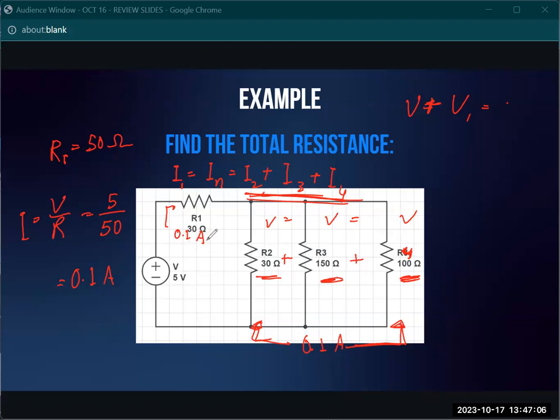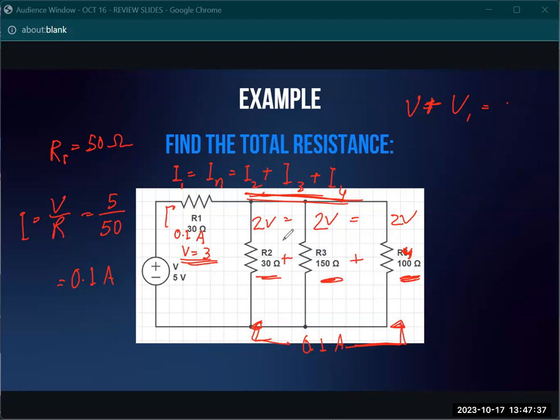So, ang magiging voltage nito is just 0.1 times 30. So, makuha natin na voltage is 3. Nag-gets niyo ba 3? Kasi 0.1 amperes times 30. Yan, total natin na voltage is 5. Therefore, alam natin na 2 volts ito. And 2 volts itong tatlong to.